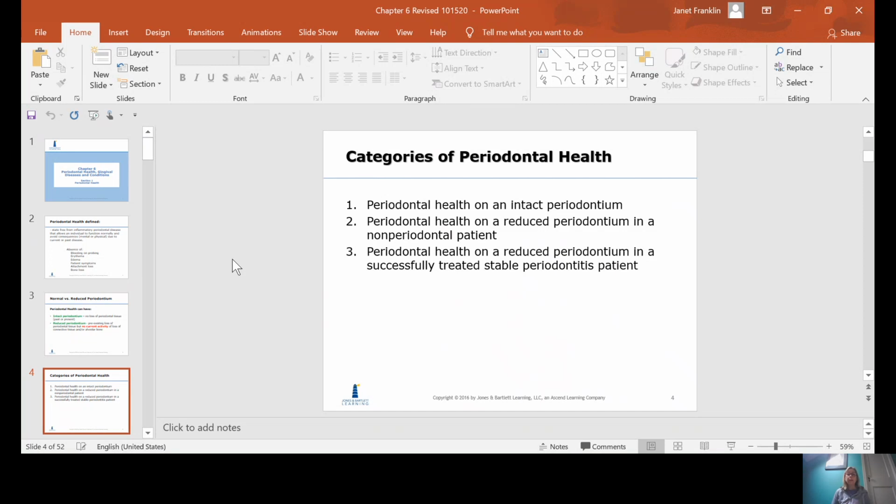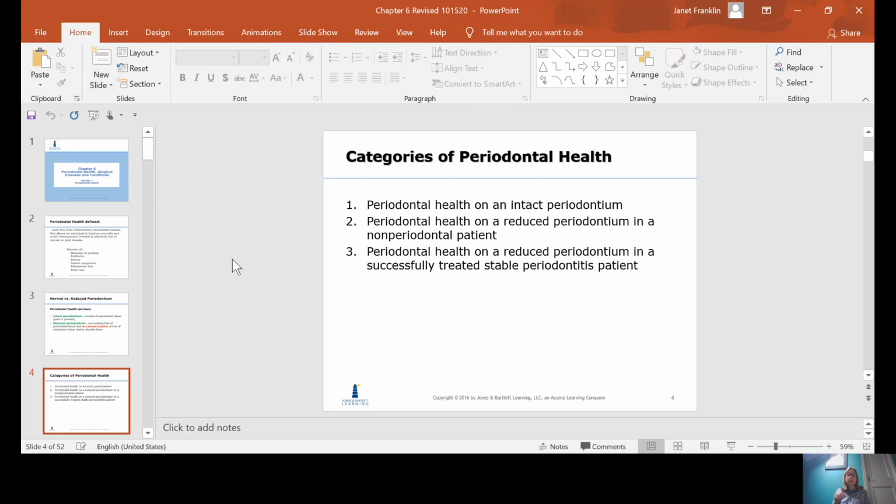The middle category, periodontal health on a reduced periodontium in a non-periodontitis patient, would be somebody that has gingival recession. Gingival recession is technically clinical attachment loss, but periodontitis is a loss due to an infection. Remember, periodontitis is a bacterial infection. So if a patient brushes their teeth too hard and causes recession, or a patient wears orthodontic bands and they move the teeth too quickly and it causes recession on the lower incisors, which it can do, that is not considered periodontitis.